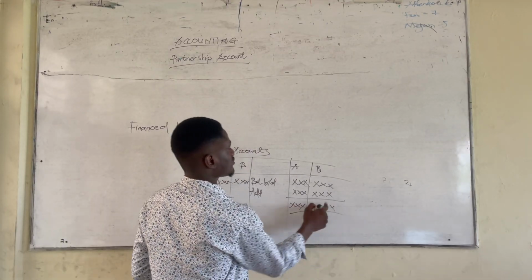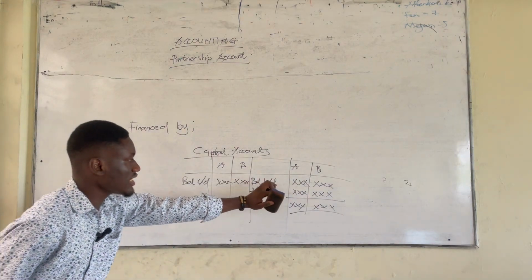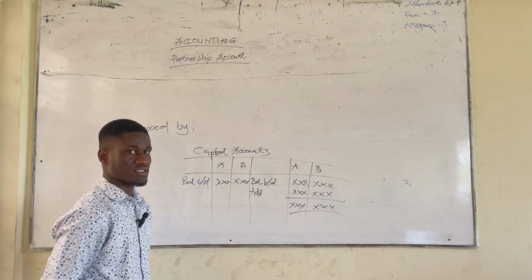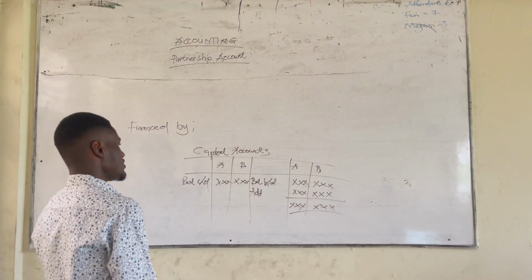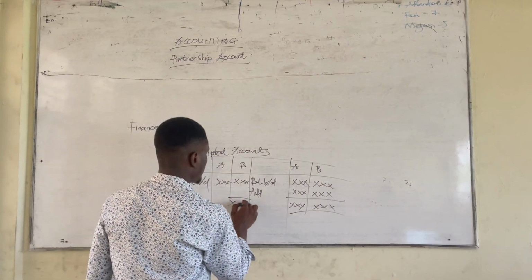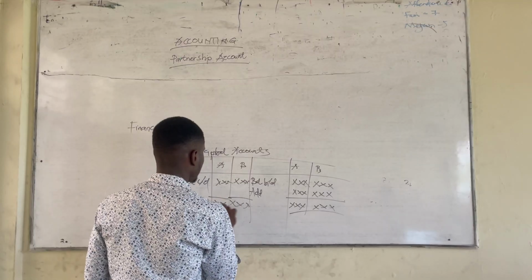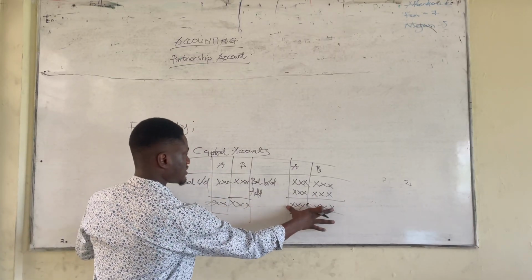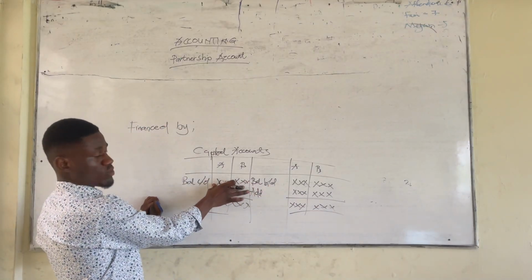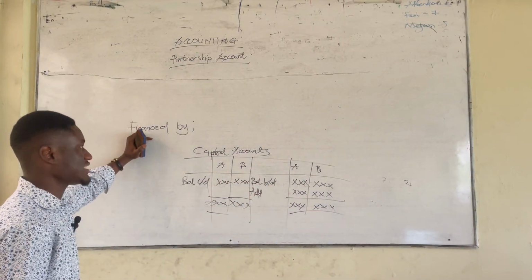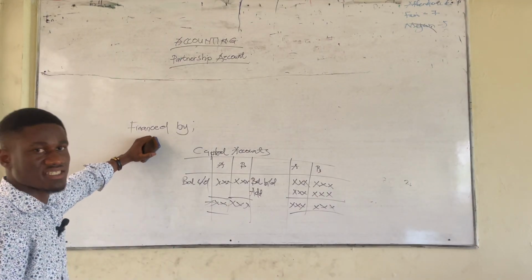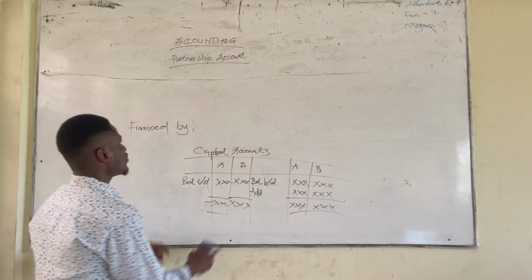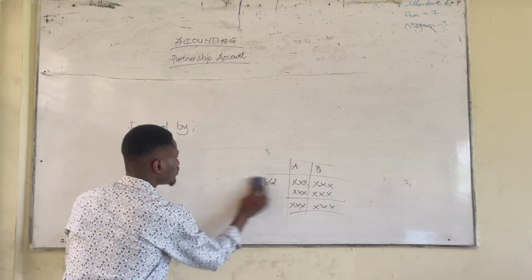So if you check this, it's only the capital amounts that are being recorded. Do you get it? Yes. So we'll close our account, and this balance c/d here is what is coming to the finance side in the statement of financial position. Good. So what are we going to do?